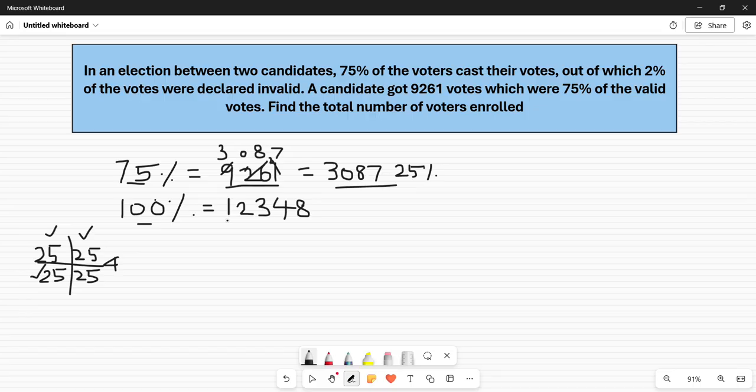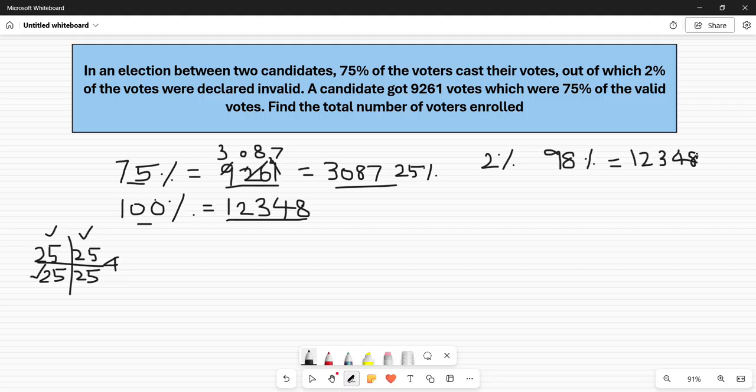Yeah, so 12,348 is your 100%. So now they have given 2% of the votes were declared invalid. 2%, it's invalid. So which is valid? 98%. And your valid vote number 12348.